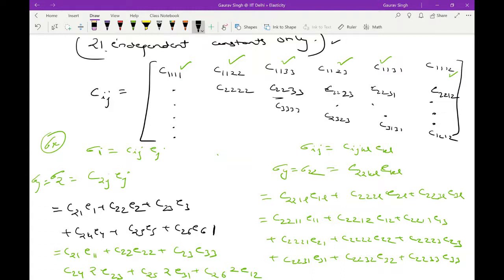Okay, and you can proceed by writing it all for all rows.